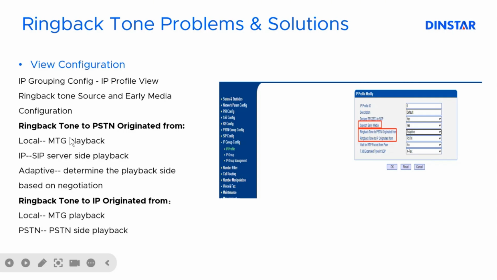There are three methods to choose. Local means the MTG plays the ring tone locally, and IP means it is played by the SIP server. And we also have the adaptive option, which is automatically negotiated by the device. So we can adjust these options according to the actual networking environment.